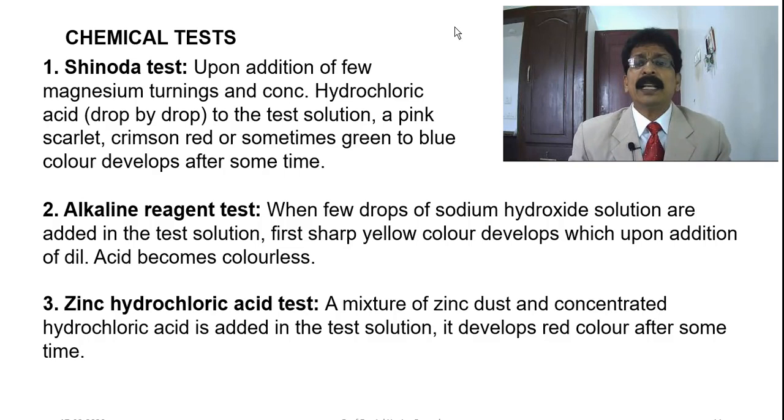Now you can see the chemical tests for flavonoids. The first one is Shinoda's test. How can you perform it?